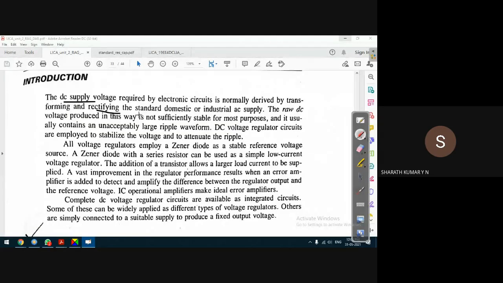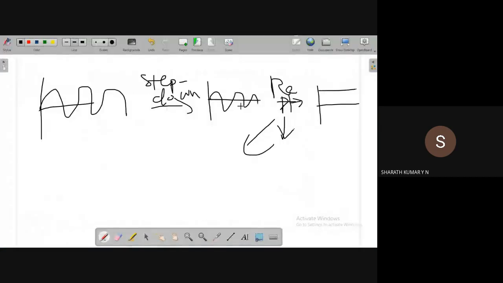So this is the basic rectification process for standard domestic and industrial applications. The raw DC voltage produced in this way is not sufficiently stable for most purposes, and it usually contains an unacceptably large ripple waveform. That means the signal rectified by the diode circuit consists of ripple voltages.